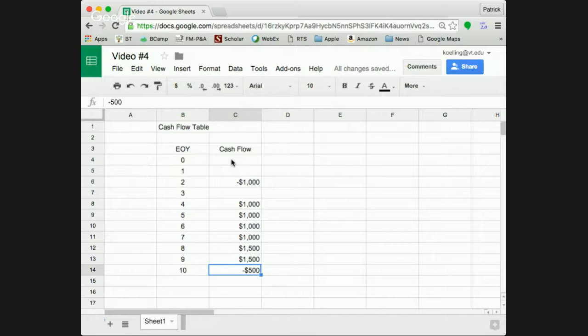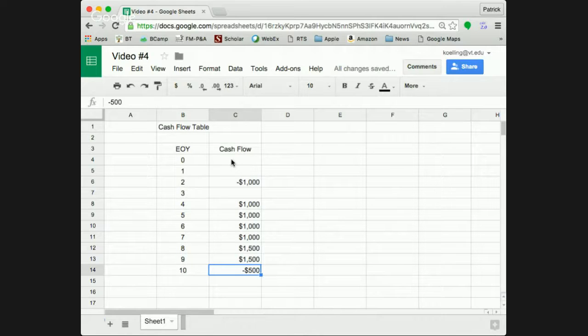So that's a cash flow table. That's the way we will represent our cash flows in problems when we solve them. We'll have a cash flow table that indicates all of the cash flowing at any particular point in time.